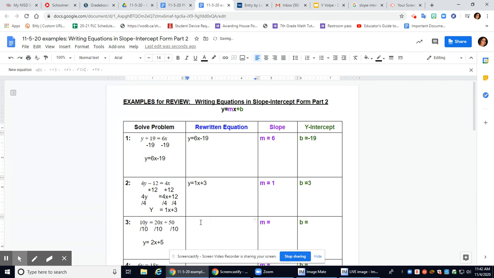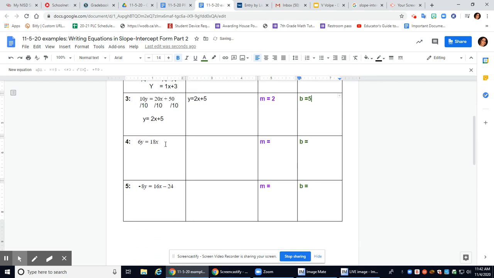That's it. So my rewritten equation is y equals 2x plus 5. My slope is 2, and my y-intercept is 5. All right, keep on going.